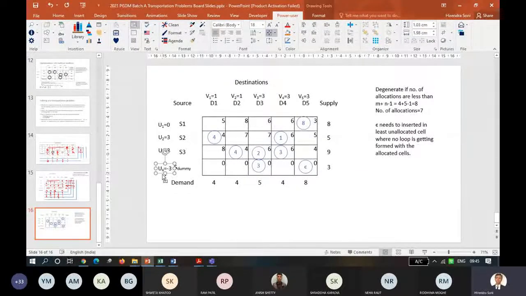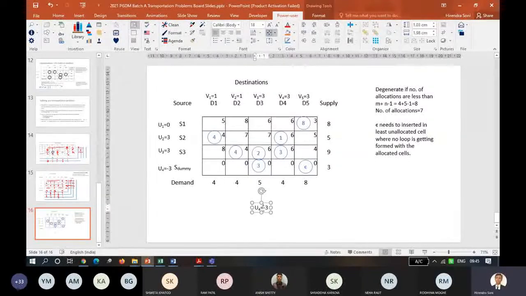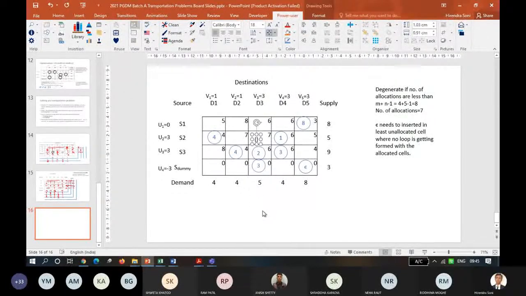Now, since we have already done this, the next thing is to identify the opportunity cost values. We will simply start calculating the opportunity cost values and put them within brackets. Let's start with this cell first. How do we calculate the opportunity cost values? Cij minus Ui plus Vj.